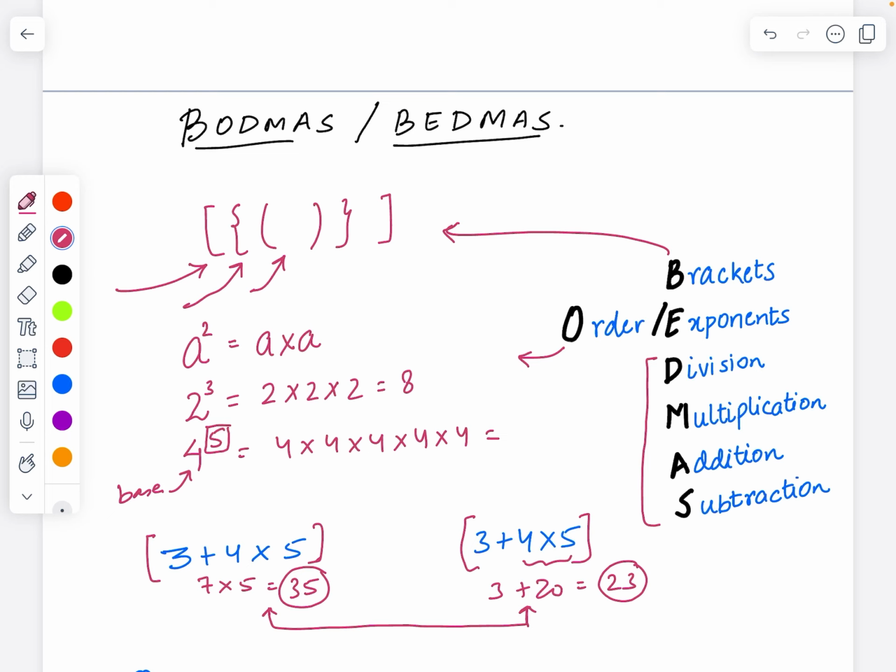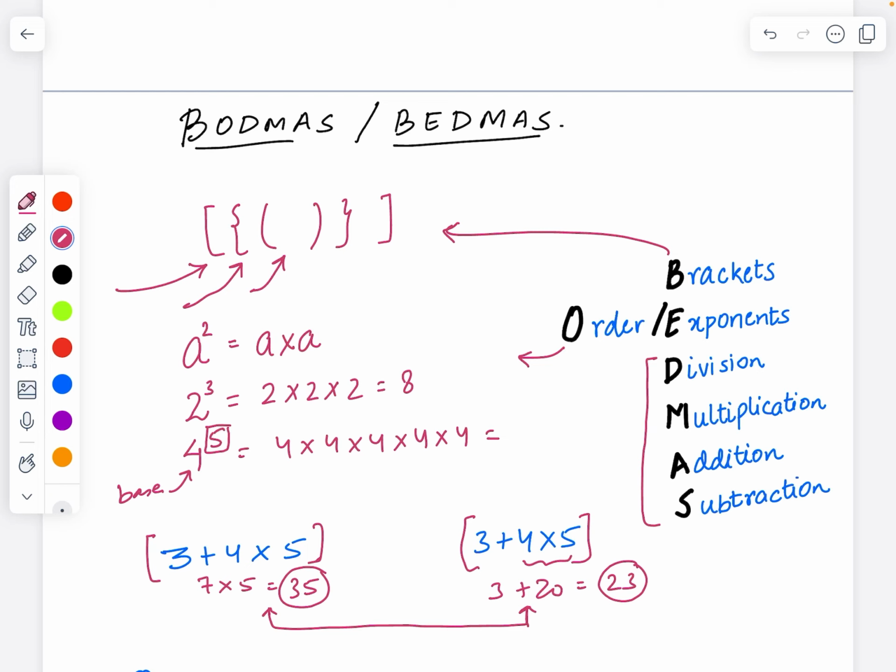So we need to avoid this sort of ambiguity. Avoiding ambiguity is the basis of BODMAS, since there were different answers from the different ways we could take. That's why we arrived at a universal convention, adopted universally, the order of operations everyone in the universe has to follow, right?